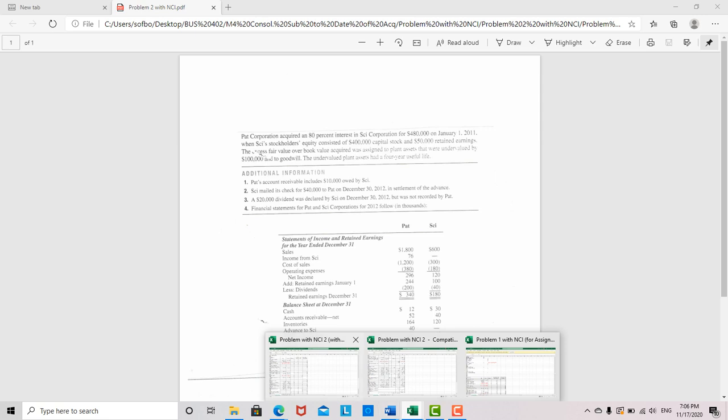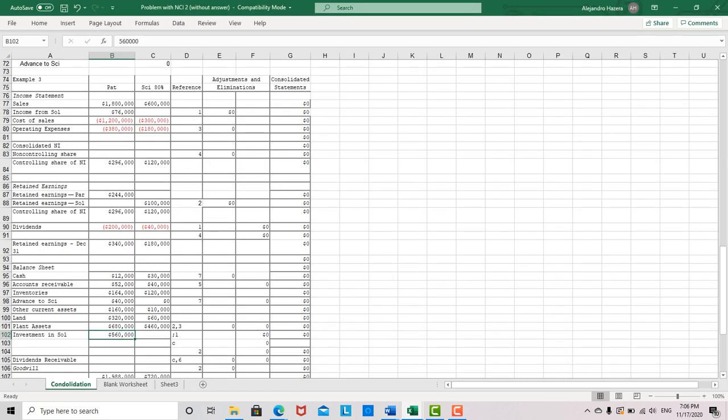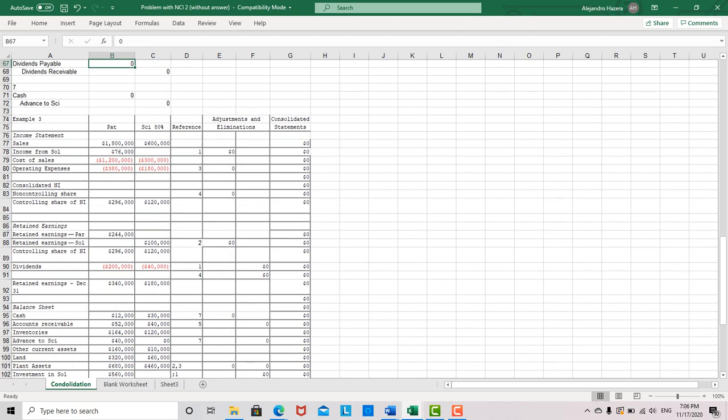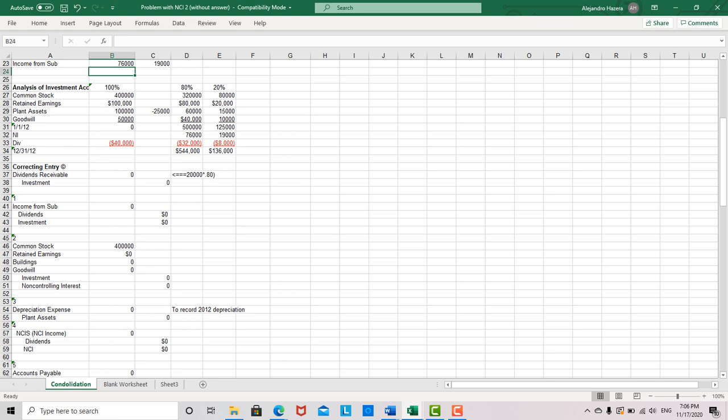So let's go over here. This is where we stopped last time. So notice the investment account on the parent's books has a balance of $560, whereas the one we calculated has a balance of $544. Well, that's a $16,000 difference.